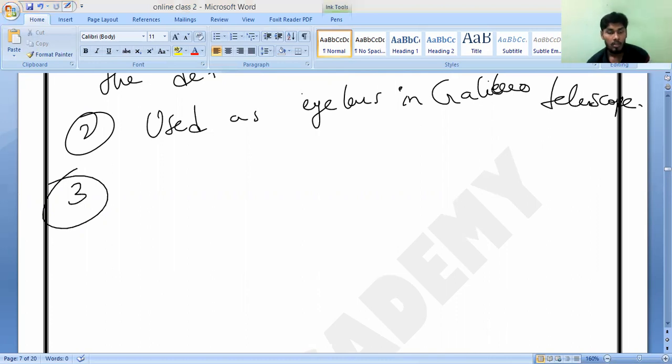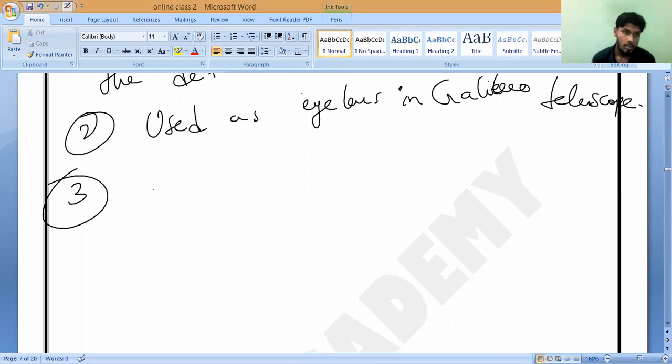Next, third one. Used in combination with convex lenses. That is only power of combination. That is what you should remember.